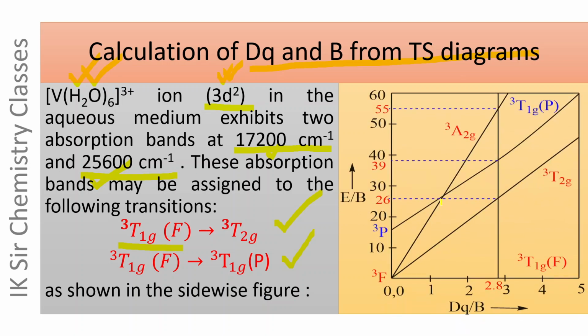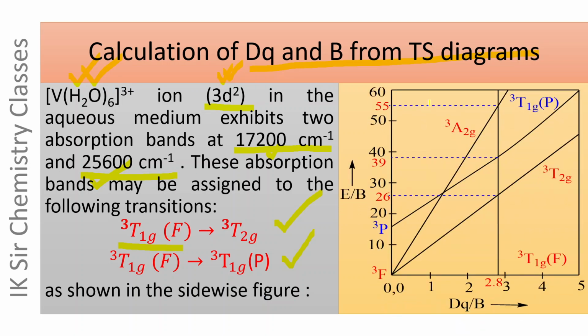This is the TS diagram for d2 octahedral complexes. These two absorption bands have been assigned to these transitions.